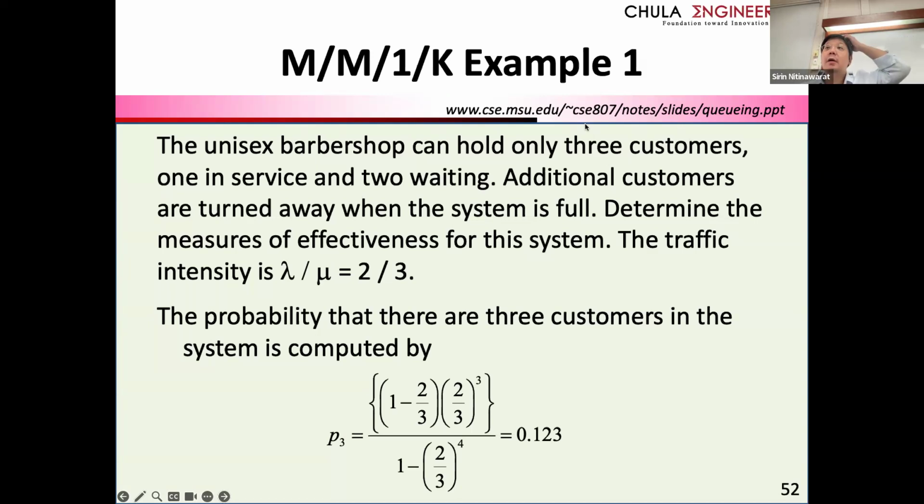That means while the sole barber is cutting, the barber shop can only accept 2 more waiting customers. So you can use this rho in the formula to compute the probability that the system is full to be 0.123.